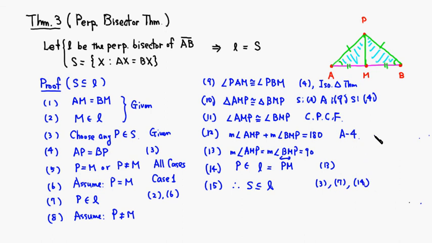So combining both proofs there, we know that therefore, maybe I'll use red, the perpendicular bisector is exactly the same set as the set of equidistant points from A and from B. So that's the perpendicular bisector theorem. That's it. I hope that this was clear.